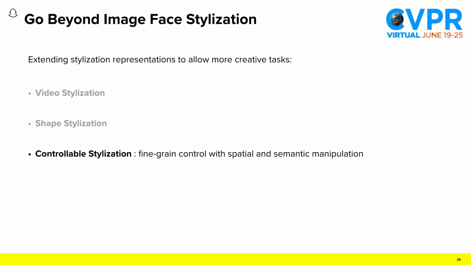Okay, in the last part of my talk, I would like to discuss controllable face stylization. Because instead of fully automatic pipelines, controlled stylization is preferred for providing users with different levels of control.